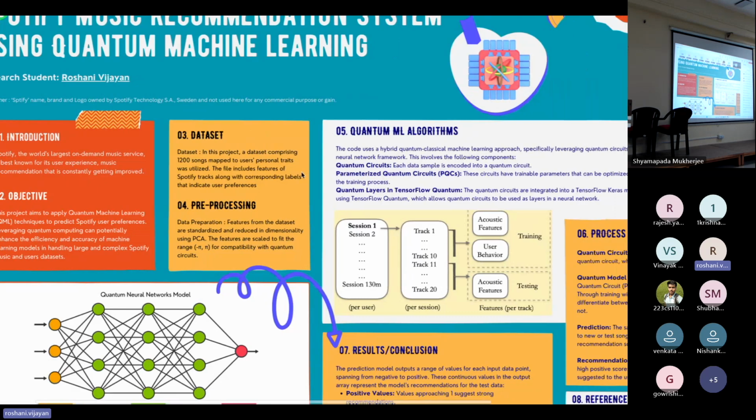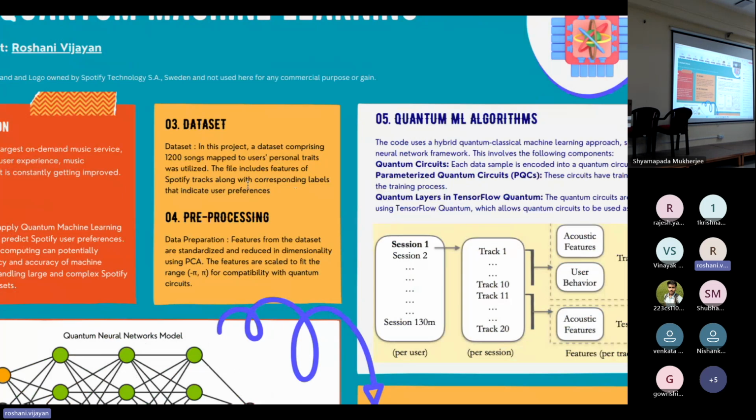Getting into the data set, I've used 1,200 songs, and these were mapped to specific features or personality traits. For example, a song can have a specific tempo, acousticness, danceability, and all of those things that basically define a song and could define why a person likes this specific song, so we can think of a pattern forming using many different songs.